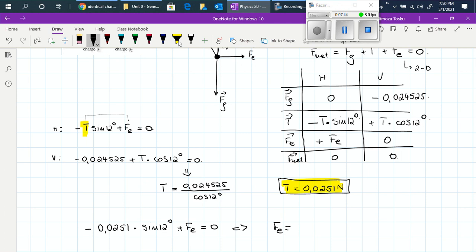times sine 12, which will be 0.0521 newtons.